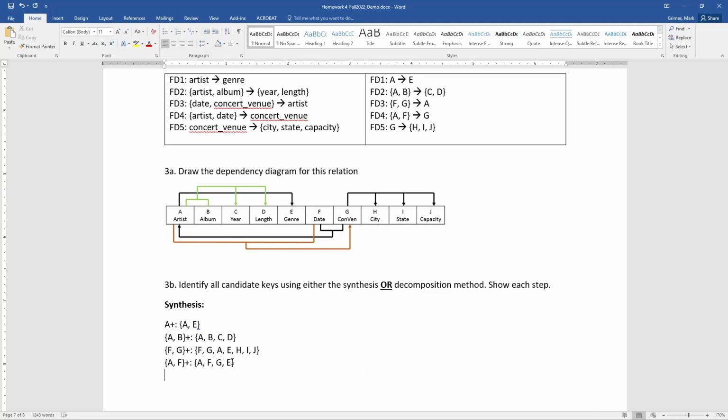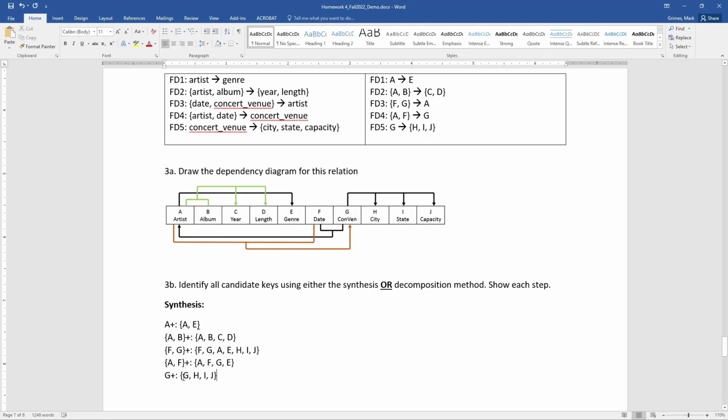And finally, let's find the closure of G, which actually we know we're not going to have any use for because we have the closure of FG, which is guaranteed to be bigger than the closure of G. But just for fun, G is going to contain G, H, I, and J. And I think we stop there.